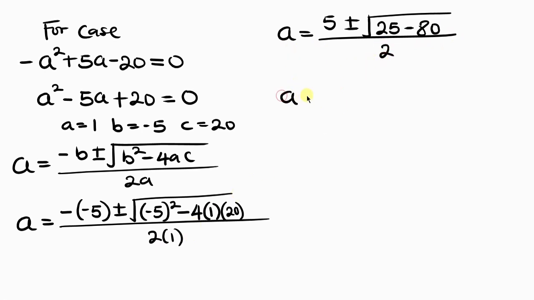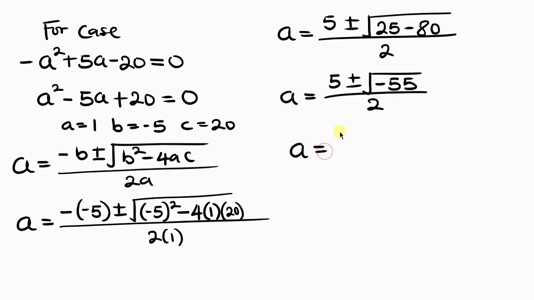So a now becomes 5 plus or minus the square root of, now 25 minus 80 is negative 55, all over 2.